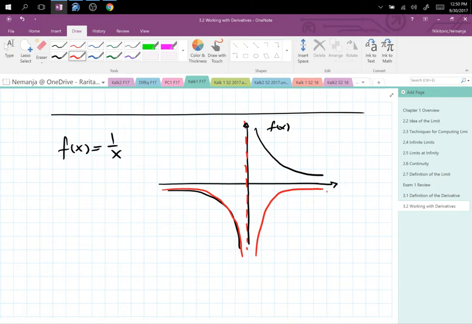Now, if I am to ask you to compute the derivative of 1 over x, you would crank that terrible, terrible limit thing, and you are going to arrive at the function f prime of x, which is negative 1 over x squared. Hey, that's the red graph, right? Because it is negative. So the derivative here is going to be negative 1 over x squared.